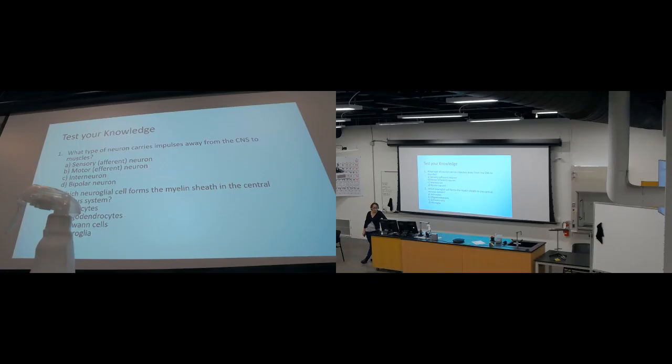Number 2, which neuroglial cells form the myelin sheath in the central nervous system? That's peripheral.